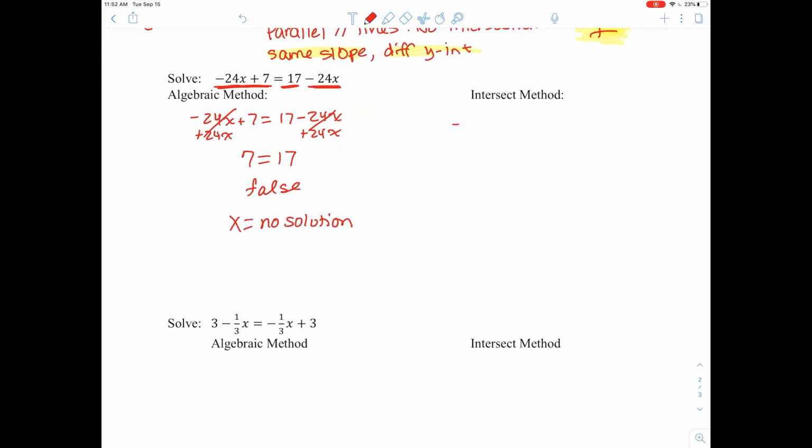If you were to graph them, you would make the left side y equals negative 24x plus 7, and the right side y equals 17 minus 24x.